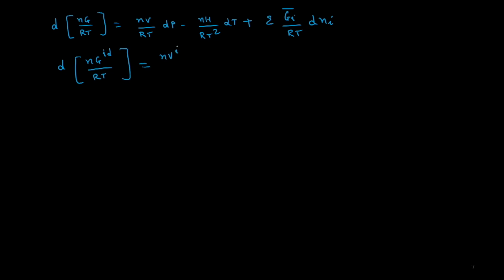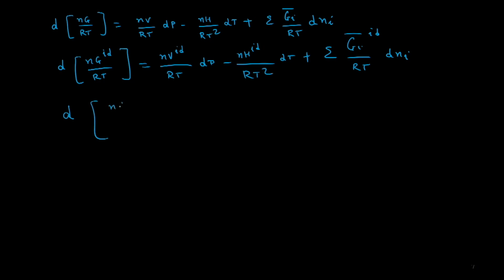It will be nV^id by RT dP minus nH^id by RT squared dT plus sigma G_i bar by RT for ideal solution dn_i. I subtract one from the other. What I get is d(nG^E by RT).